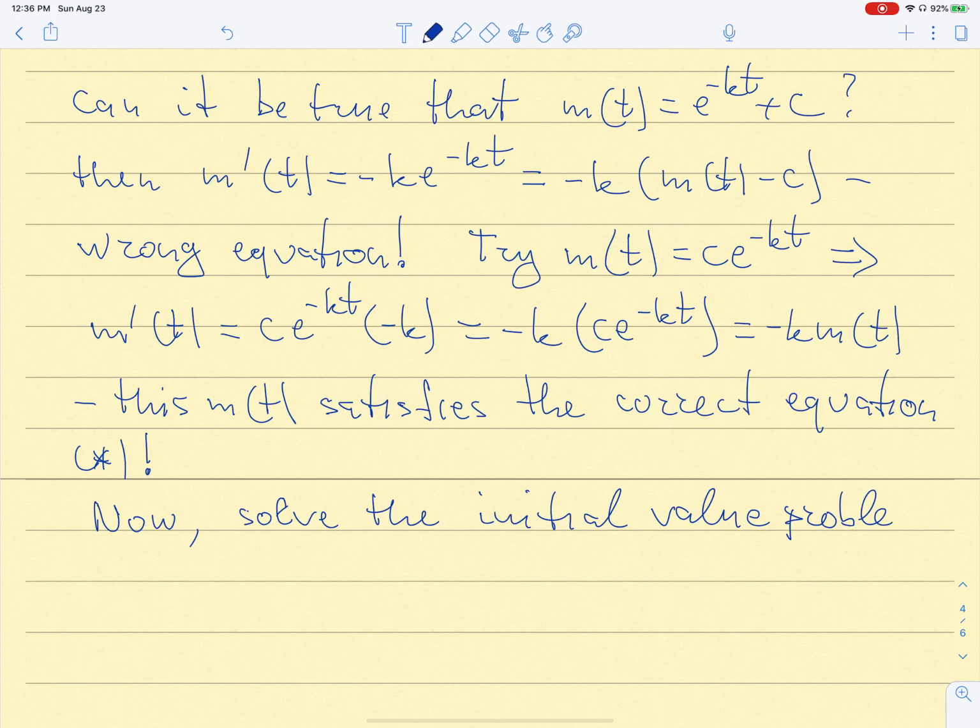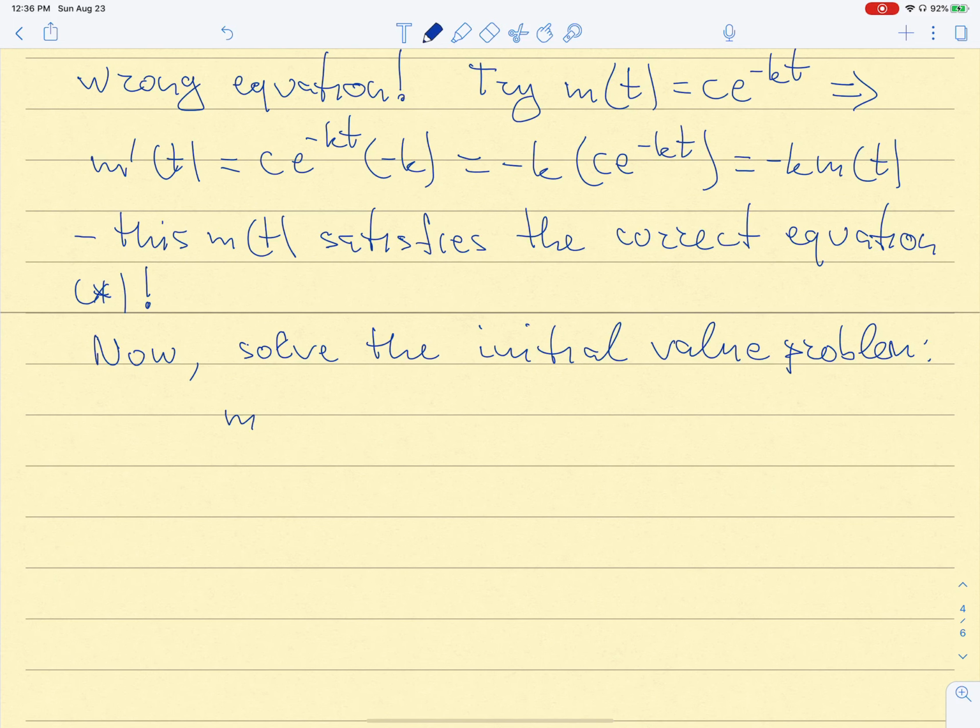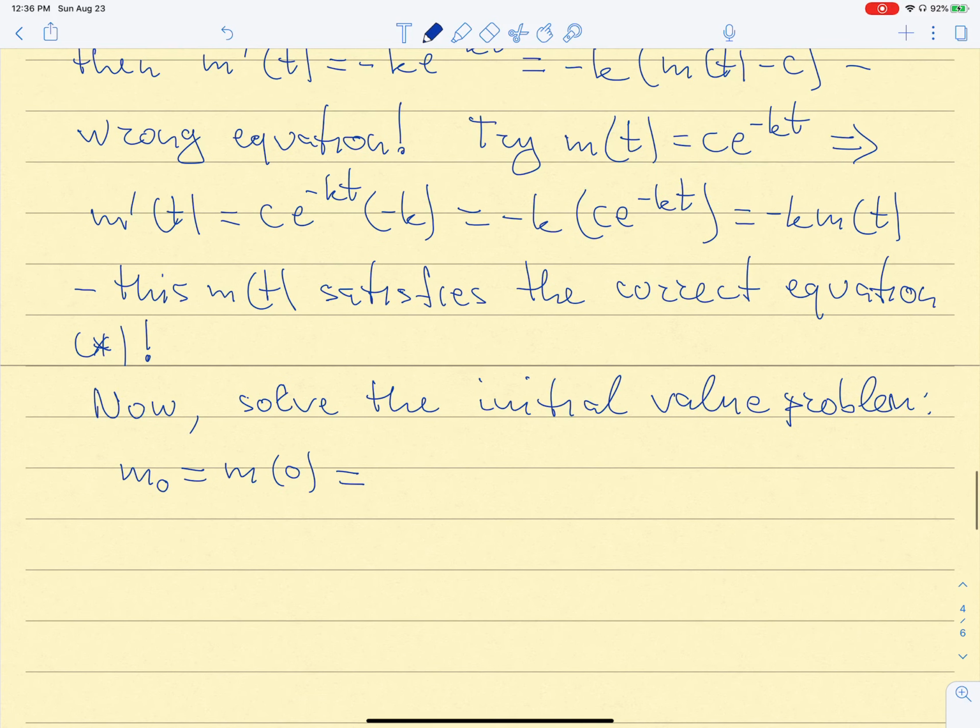So what does the initial condition say? I know that m of 0 must be equal to m0, which is the same thing as this expression at t equal to 0. So this is c e to the minus k times 0. So this is c.